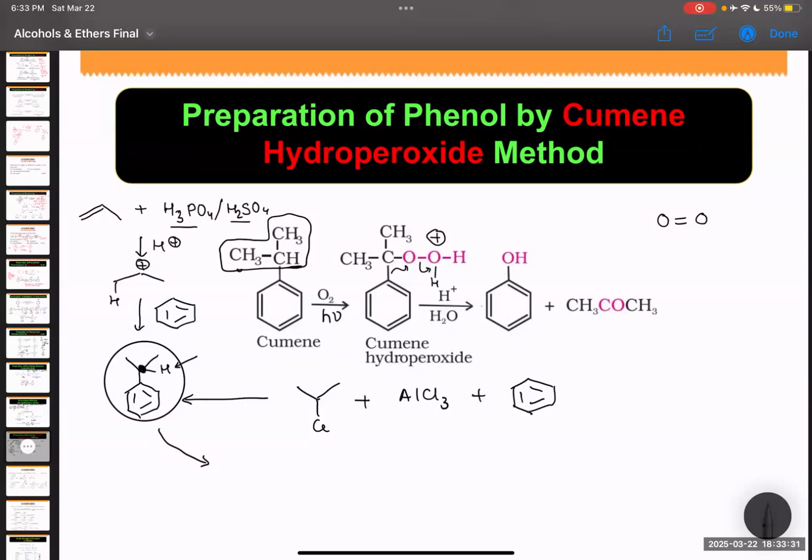Whenever you have a carbocation, the neighboring groups can shift onto it, leading to the formation of a new carbocation, which is going to be more stable than the previous one. So this can get shifted. Phenyl is easier to shift.